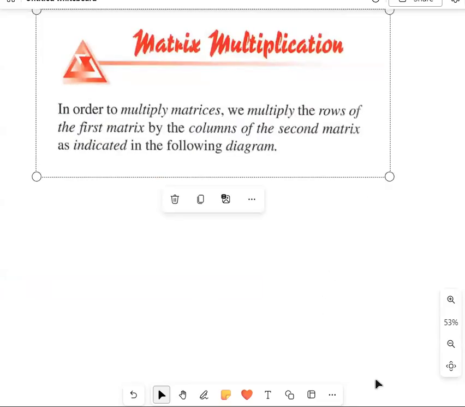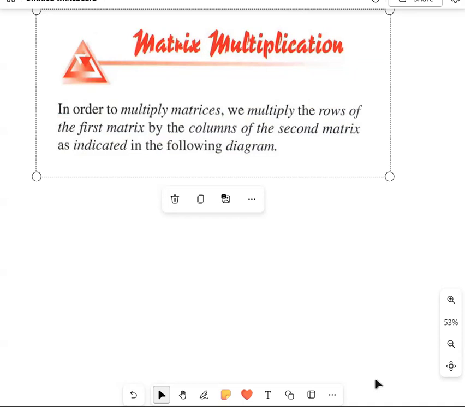When you speak of matrix multiplication, no matter how much I read this, you have to see it explained with an example. What we basically do is multiply the rows of the first matrix by the columns of the second matrix.